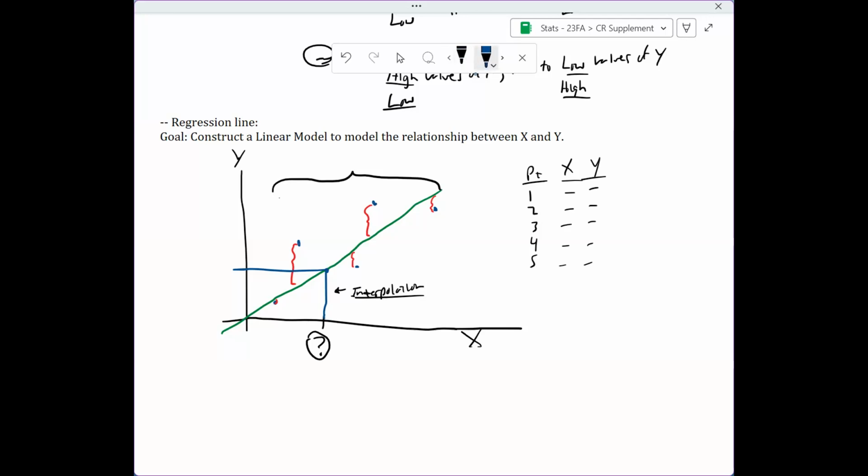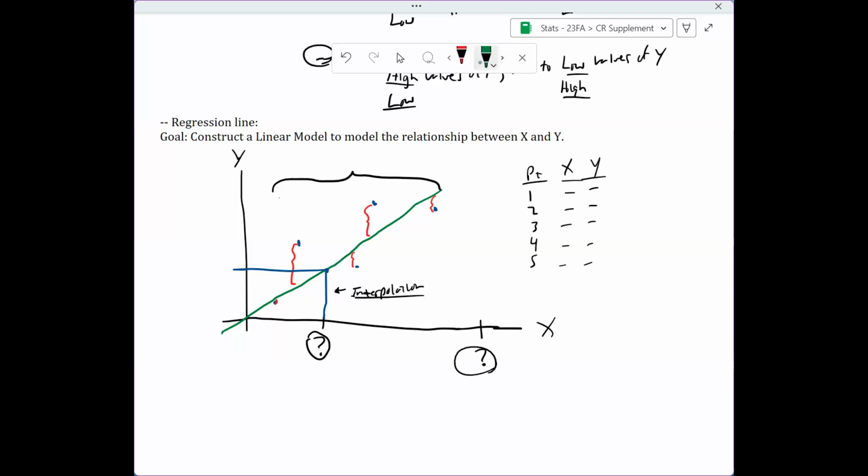What if I wanted to ask a question about an x that's, say, way out to the right? What if I wanted to know if my value for x for that variable was this number that's far out to the right, that's further to the right than any of the data that we have? What do I think the value for y would be? What would be my best guess?